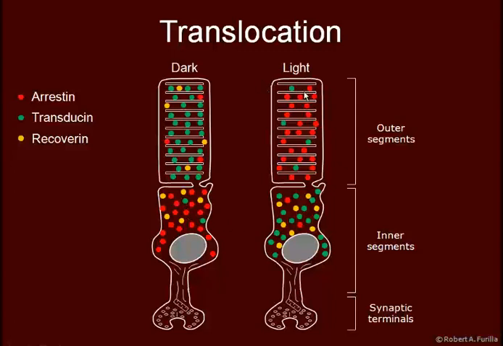When exposed to light, however, the arrestin molecules are moved up into the outer segment, and transducin is moved down into the inner segment. Recoverin is also moved down into the inner segment. So by reducing the number of transducin molecules and increasing the number of the inhibitory arrestin molecules, we now are inhibiting activity in the presence of light.